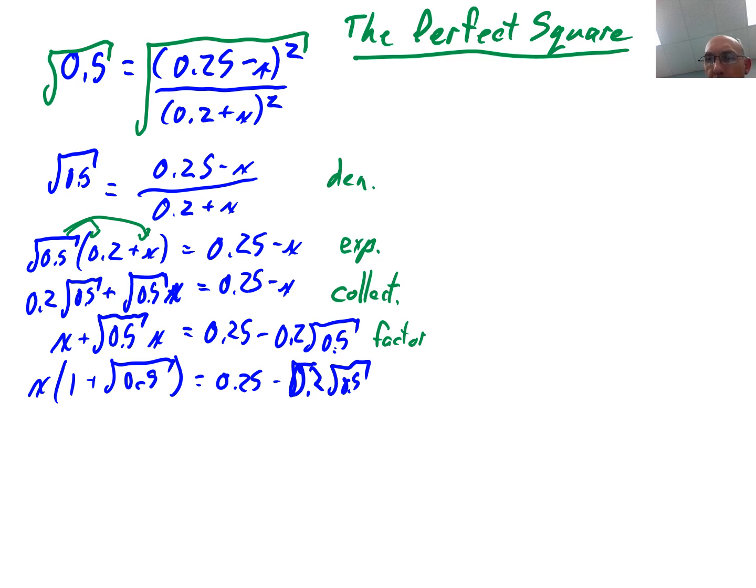We can now divide both sides by the 1 plus the root of 0.5.